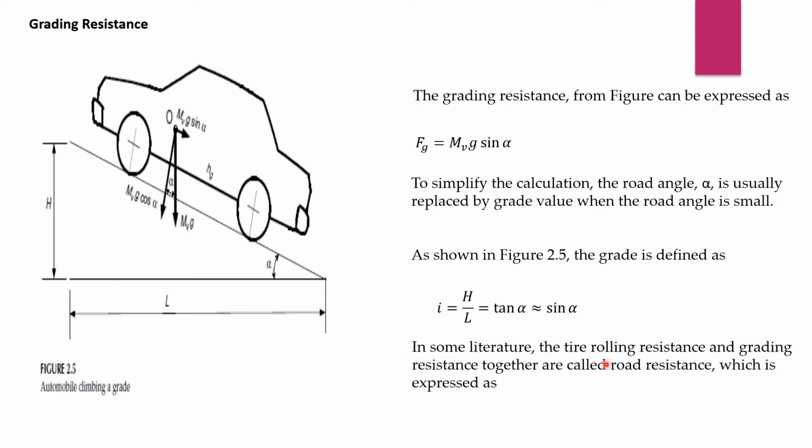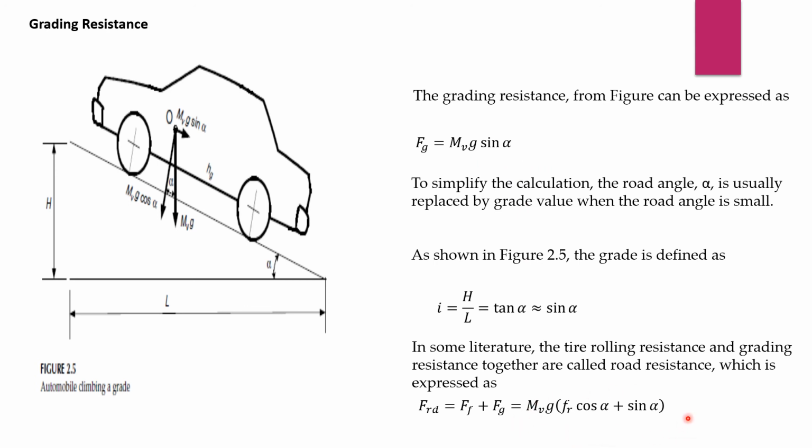In some literature, the tire rolling resistance and grading resistance together are called road resistance, which is expressed as FRD equals Ff plus Fg. Ff is given by m v g Fr cos alpha and Fg is given by m v g sin alpha.